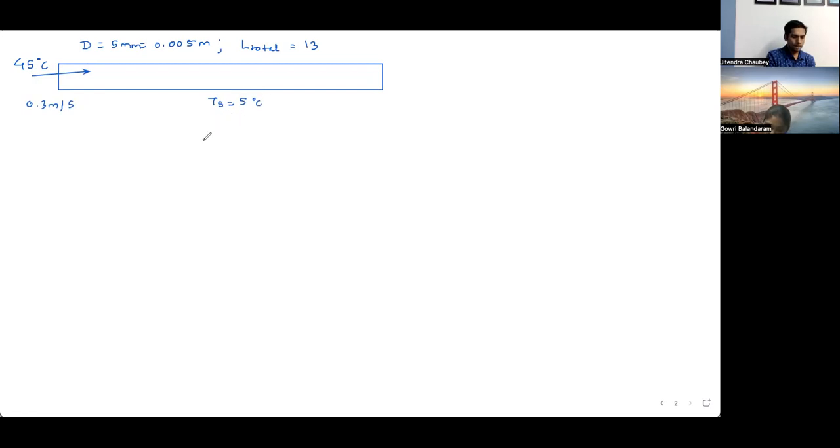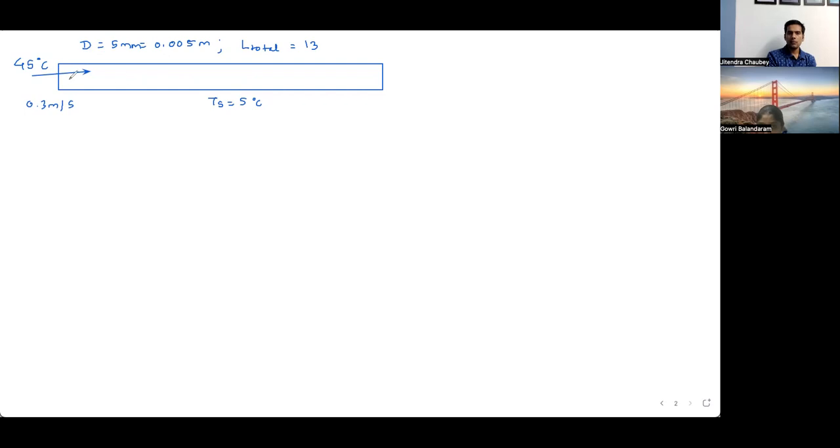The required length of the tube. Now the question is, what should be the length of the tube, or at what length of the tube the temperature of water would be 25 degrees Celsius? Maybe at the exit over here it is 10 degrees Celsius or 7 degrees Celsius. That is not the concern, that is not something which they are asking.